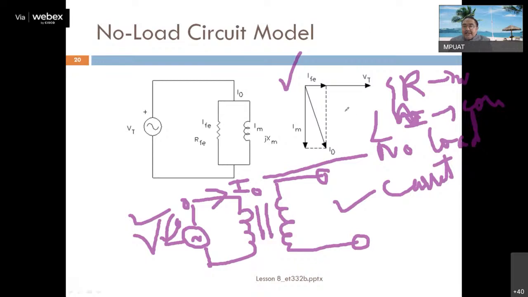So this is the phasor diagram I have drawn for you. This is the applied voltage VT, which I have mentioned as VT angle 0 degree. Now this is the no load current. It is lagging the applied voltage by an angle of, say, phi naught.